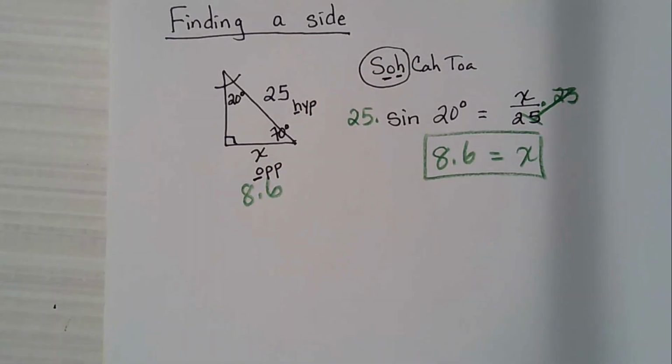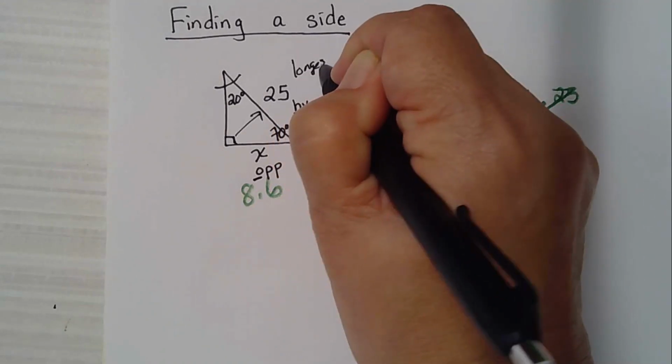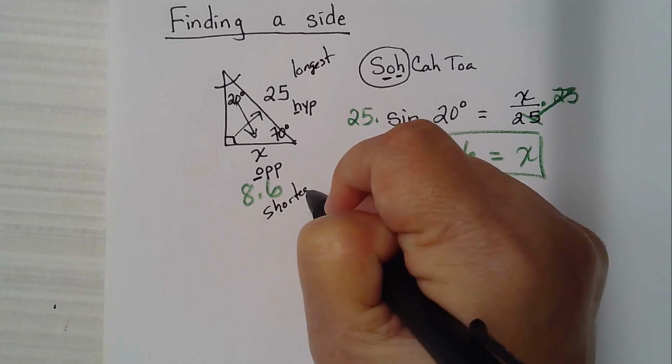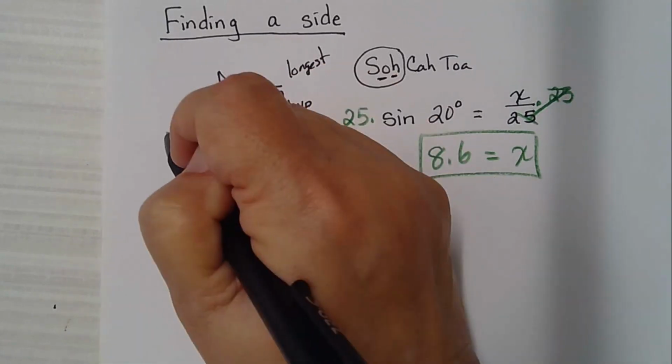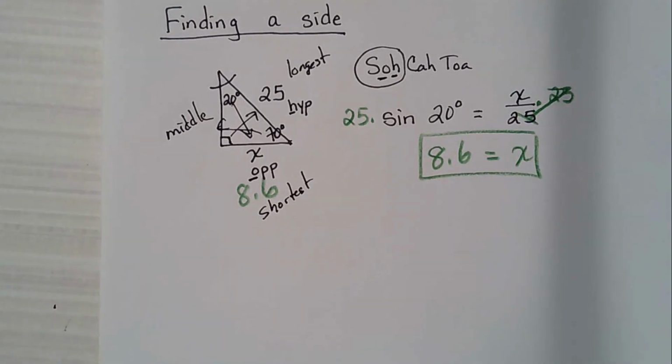We know that the longest side is across from the biggest angle, and the shortest has to be across from the shortest angle. So across from the right angle should be longest. Across from the 20 degrees should be shortest. And across from the 70 degrees would be the length that's in the middle. So does an answer of 8.6 make sense? Yes. I'm not saying it's right or wrong, but it makes sense.